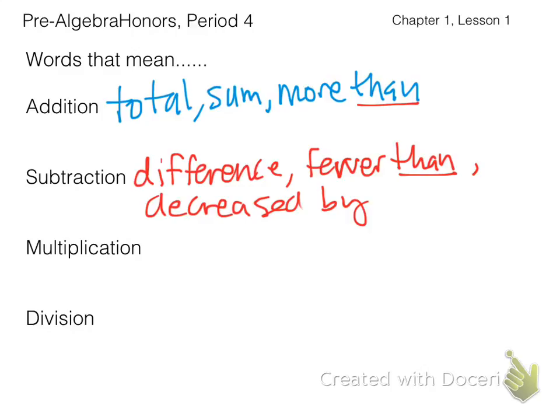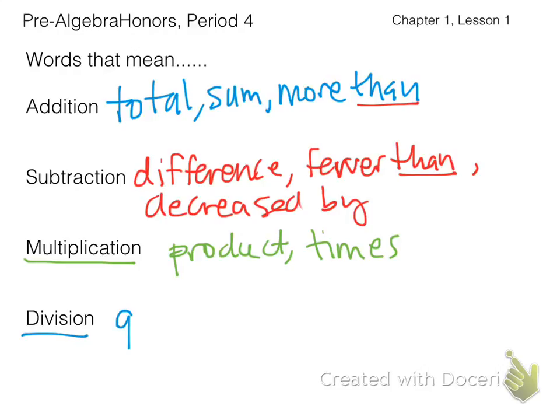Multiplication's got some funky ones. So multiplication would be product and times. All right. For division, we have quotient, and divided by.